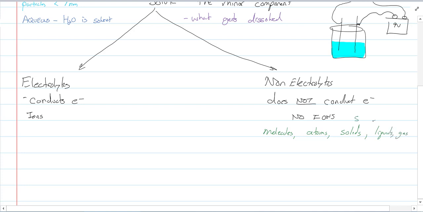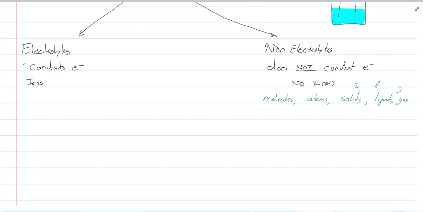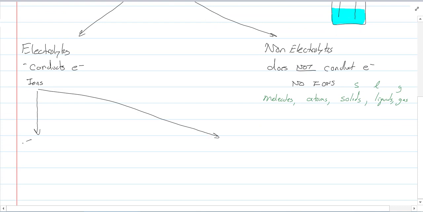So S, L, G, right? Big molecules, little molecules, they're the ones that are not going to conduct electricity. Electrolytes conduct electricity, and electrolytes are broken down into two different categories. We have strong electrolytes and weak electrolytes.